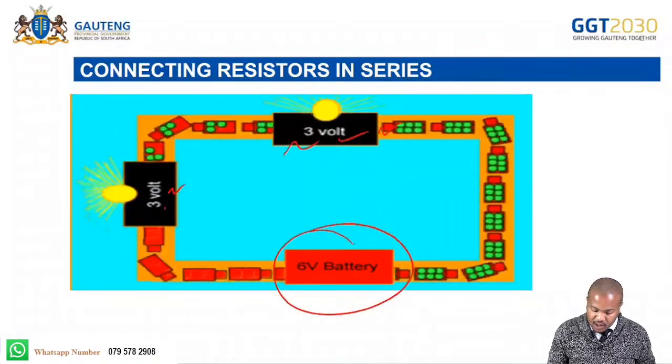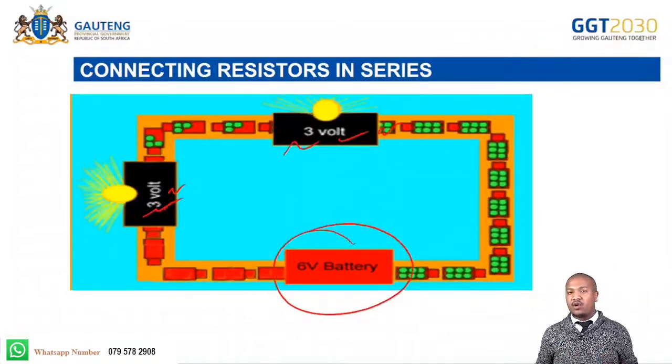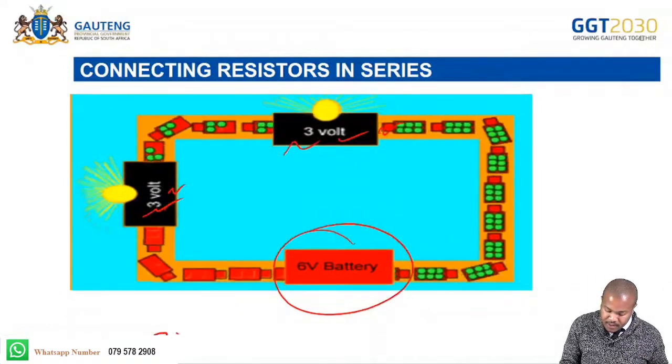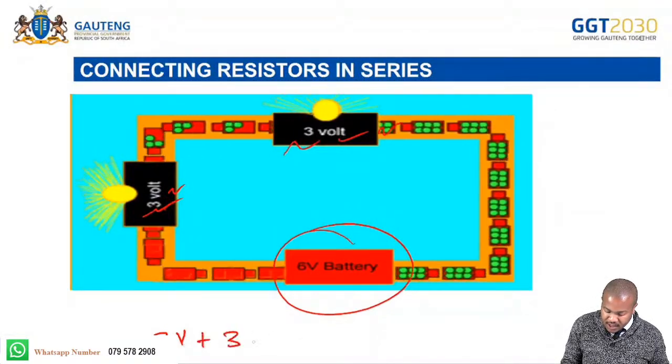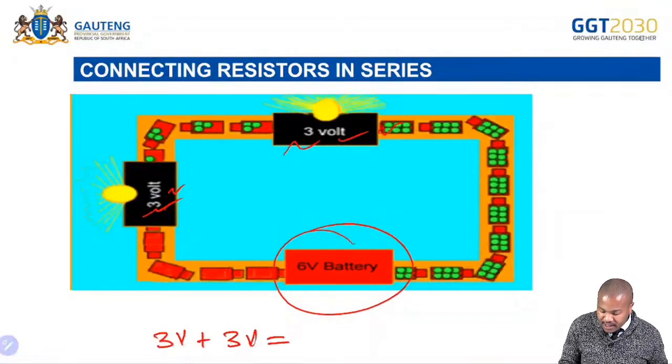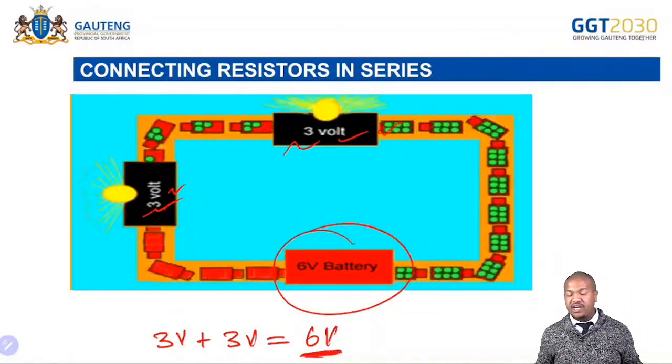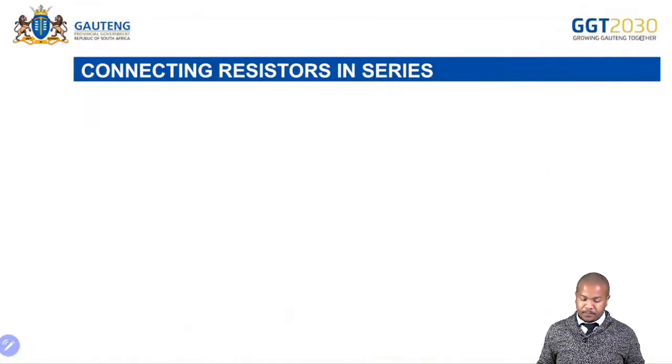This one has 3 volts and this one has 3 volts, right? It is equal to the sum of each of the resistors connected in the circuit. So these 3 volts plus 3 volts make up 6 volts, which is our total voltage in this circuit.